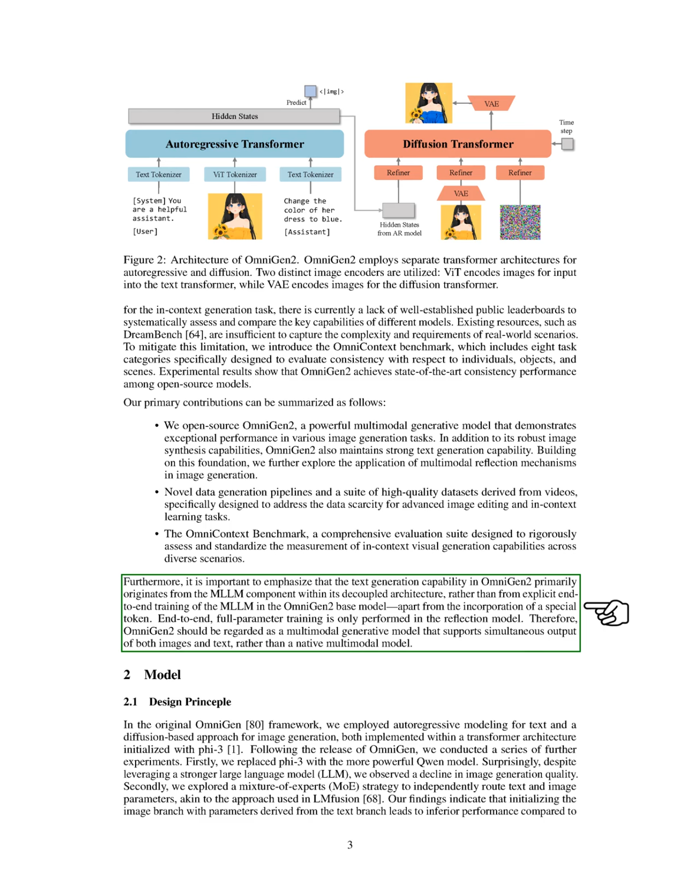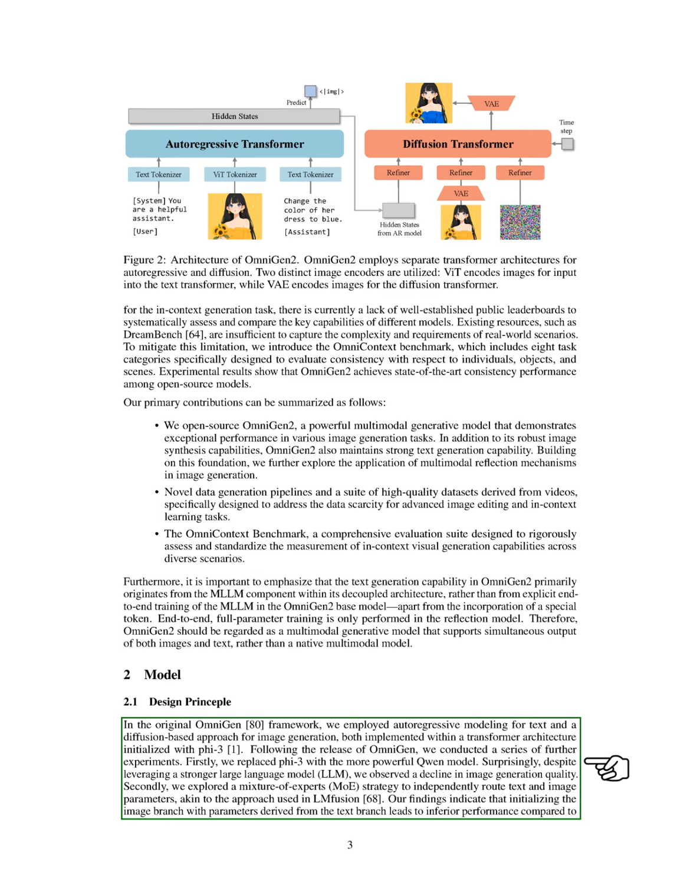After releasing OmniGen, we conducted further experiments. We replaced PHI-3 with the more powerful Qwen model, but surprisingly, the image generation quality declined despite using a stronger large language model. We also tried a mixture of expert strategy to route text and image parameters independently, similar to LM Fusion.